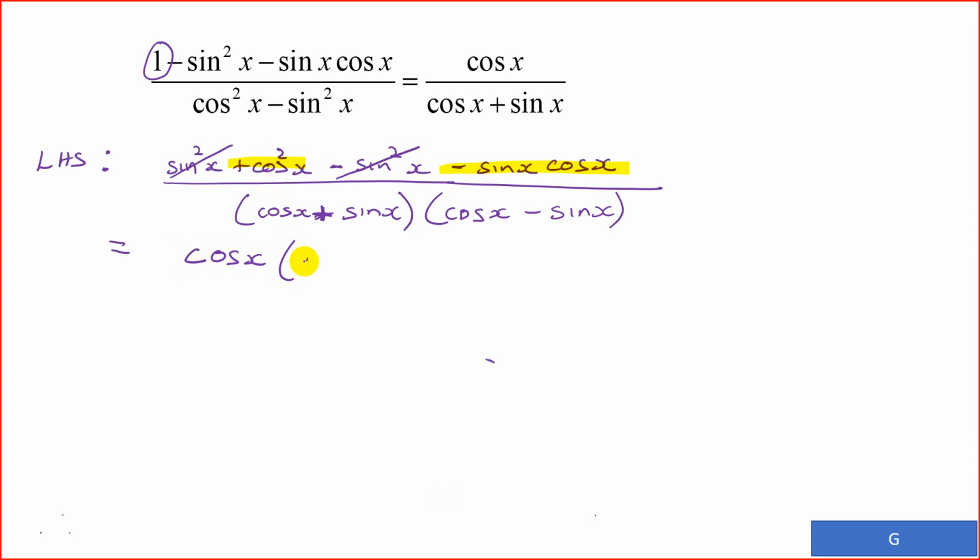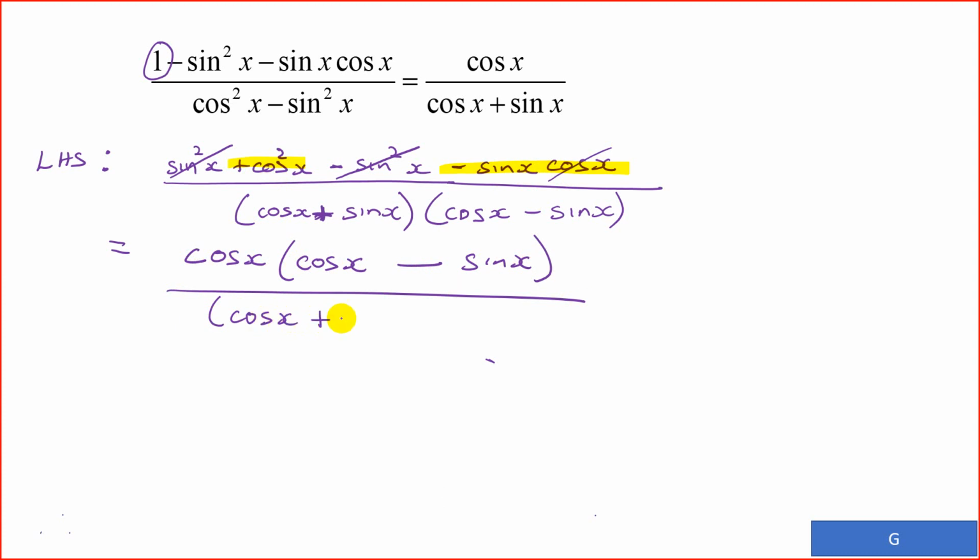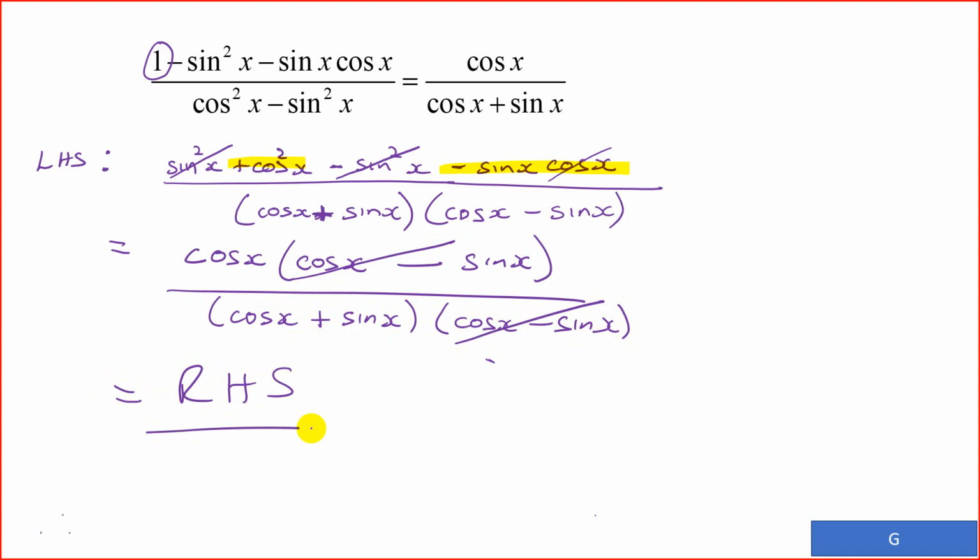And cos squared x over cos x leaves me with cos x, minus, if I take out cos x from the second term, I'm left with a minus sine x. And then in the bottom I have cos x plus sine x into cos x minus sine x. And now you'll notice that cos x minus sine x will cancel off, and that looks exactly like the right-hand side. So we have proved that as well.